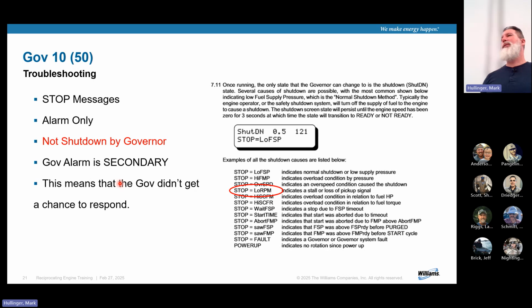Yeah, I see what you're saying. Go into the PLC and have one of us just click it. So there isn't one on the actual screen that says that. Actually, it might say stop low RPM right there, but I don't know if there's an acknowledge reset on there. Okay, so just know about that.